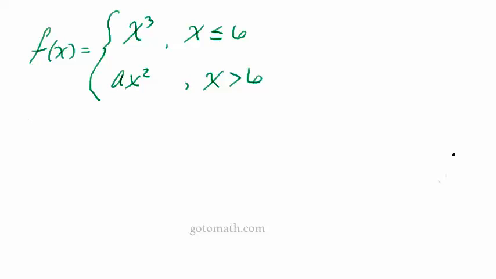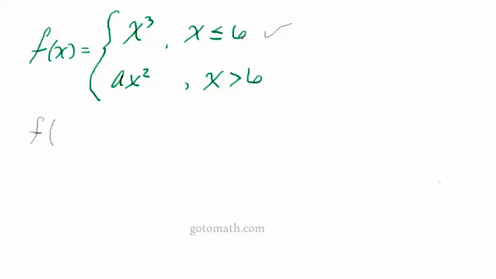So what we're going to do is, I'm going to use a different color. We're going to go through those 3 conditions that have to be met. So the first thing is that we have to use this one right here because this includes 6 and this doesn't. All right. So this was the first condition.